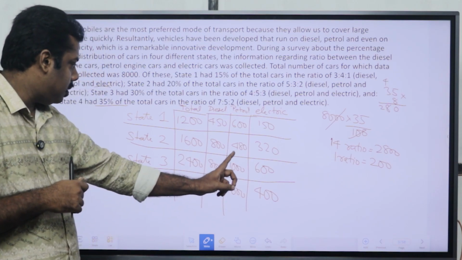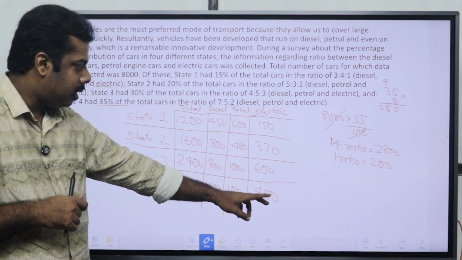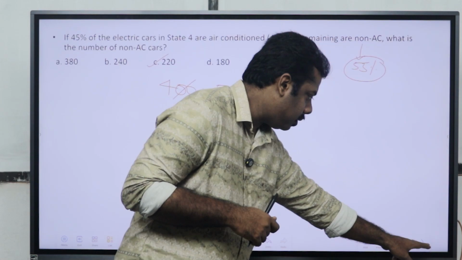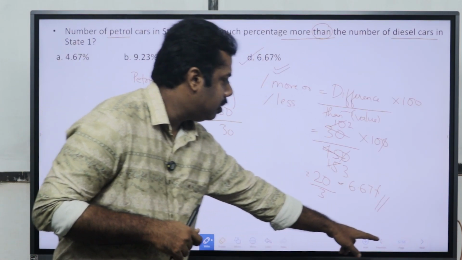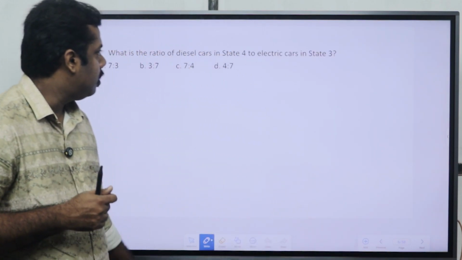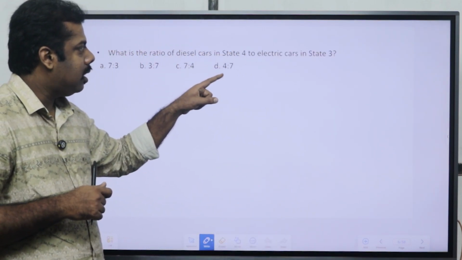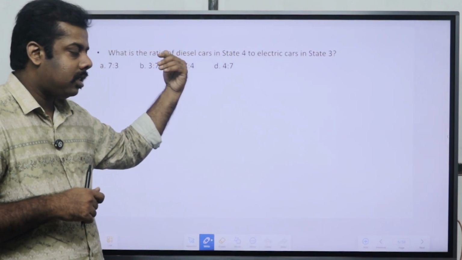So diesel cars in state 3. Just going back to the question once again. Just a second. So diesel cars in state 4, electric cars in state 3.